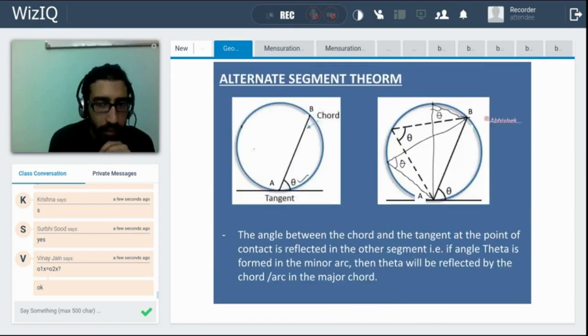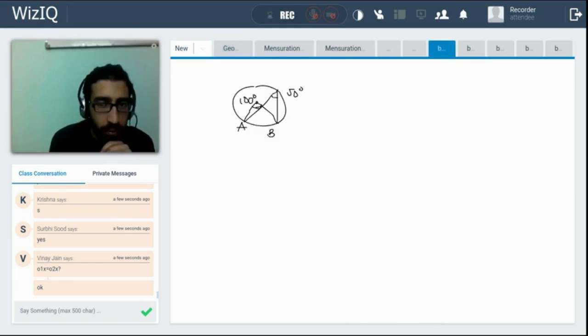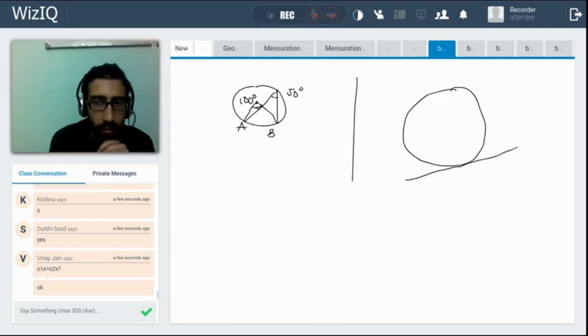This also means, guys, let me go back to my board. Now I've taken an acute angle. Let me take an obtuse angle, just to make it absolutely clear. Let's use the same labels. This is BA. PAT is tangent to the circle.